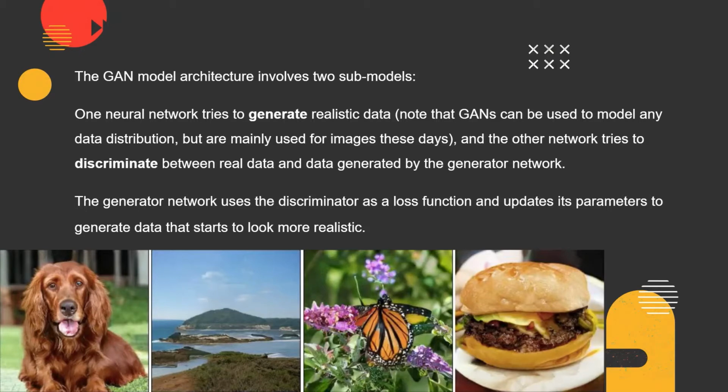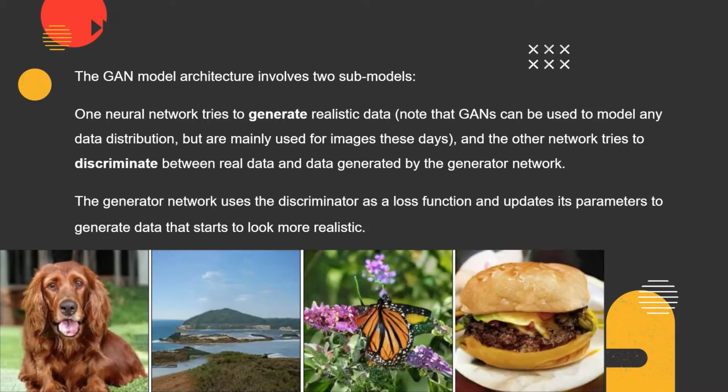What the discriminator does is differentiate between what is real and what is fake, and it gives the loss function to the generator so that the generator can tune its hyperparameters or other parameters to generate new images or other varied data that can again be used by the discriminator, and the cycle goes on.